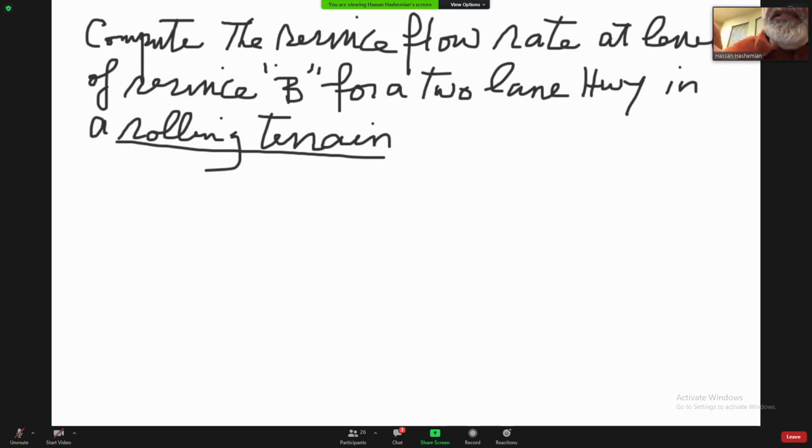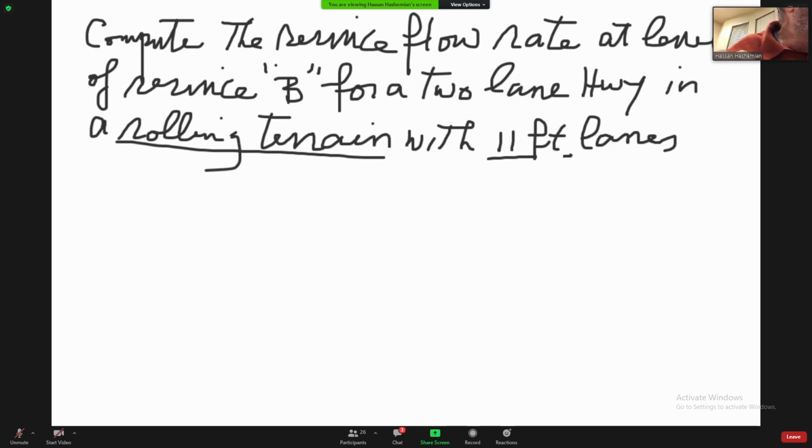In this problem, they said the highway is rolling terrain. Could be like 2 or 3% grades on it. With 11-foot lanes. So this is the 11-foot lanes.